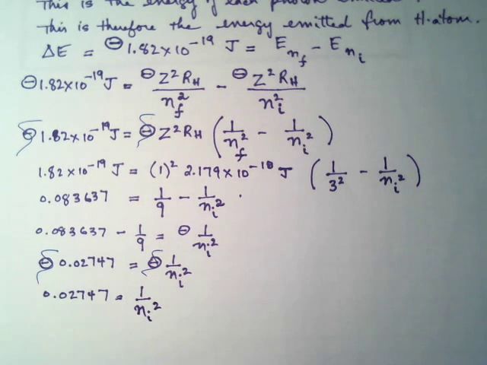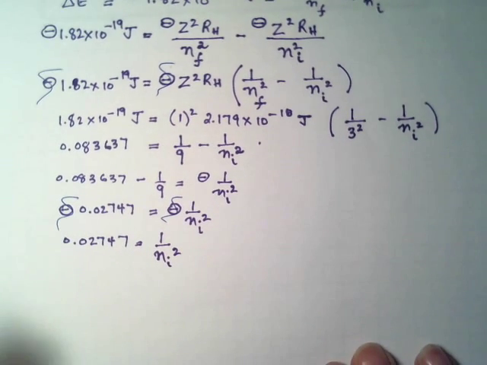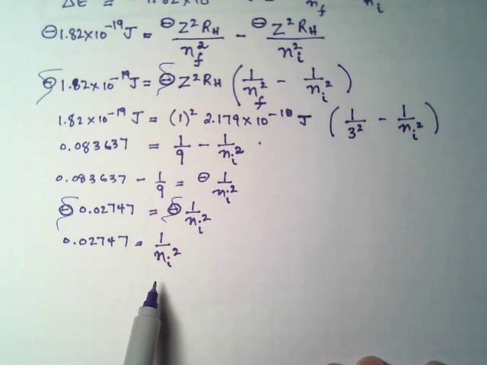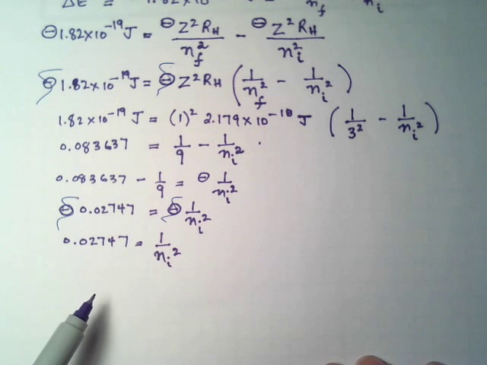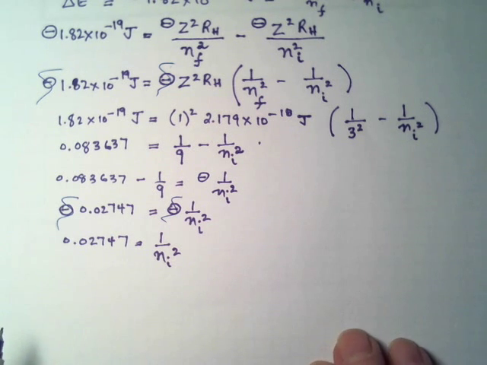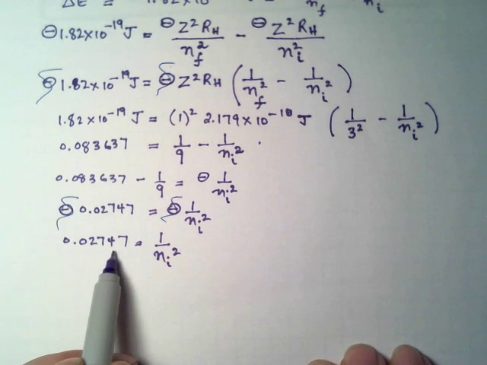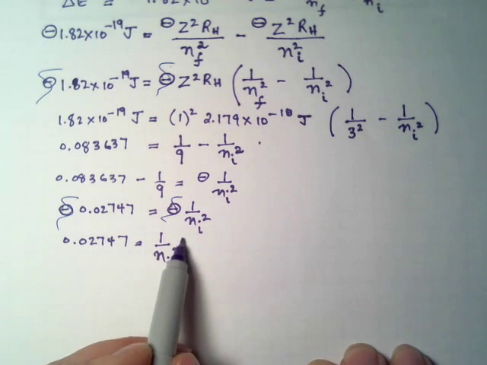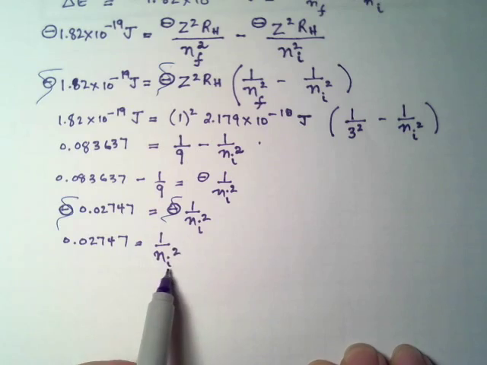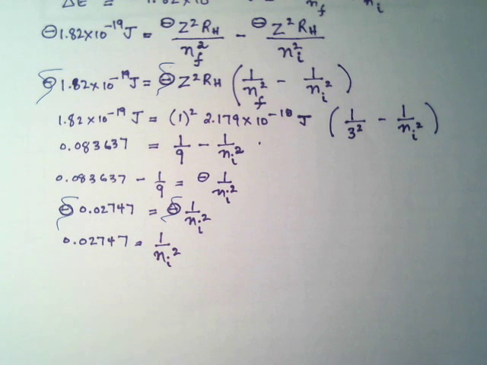When it's simplified this much, I need to do 2 operations now to find n initial. First, I'm going to flip both of these, or take the reciprocal of both sides. So the reciprocal, 1 over this, is actually equal to n squared. And 1 over that, well, let's do it.